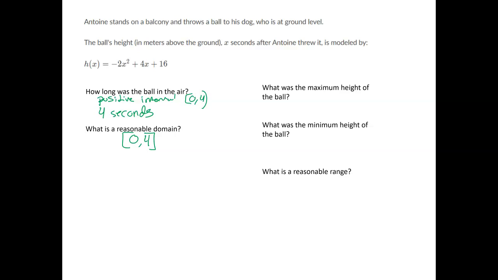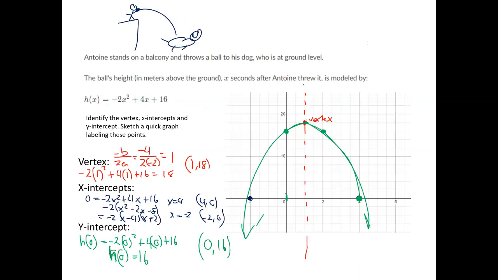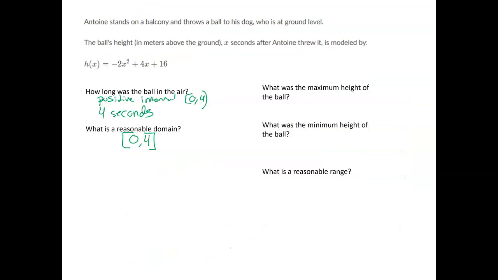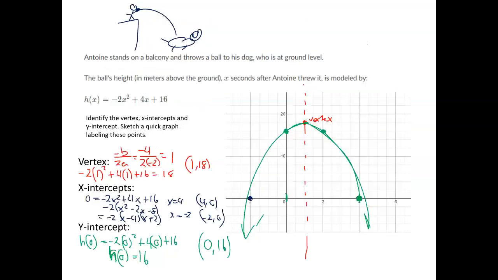Maximum height. What was the maximum height of the ball? 18. What am I looking at to find that? The vertex. Okay. What was the minimum height of the ball? 0. What am I looking at for that? Not the vertex. So the vertex here is giving me the maximum height, and then the x-intercept here is giving me the minimum height.